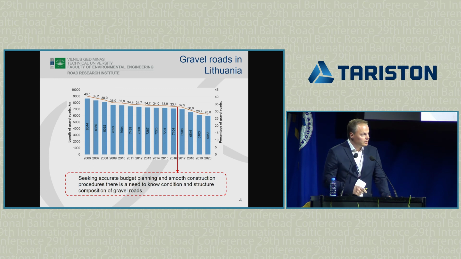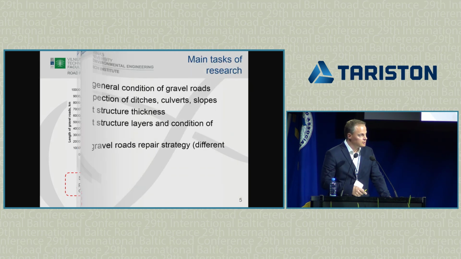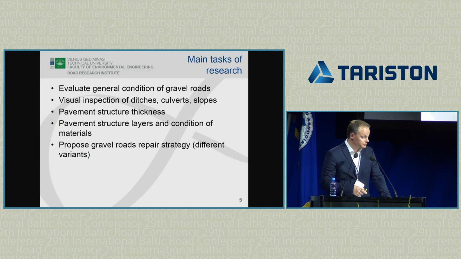So what I would like to state here is that, seeking accurate budget planning and smooth construction procedures, we have to know what we have, and whether we have to excavate all materials from gravel roads, or still can use some of them. And this research project was devoted to that. The main tasks of the research are presented on this slide.